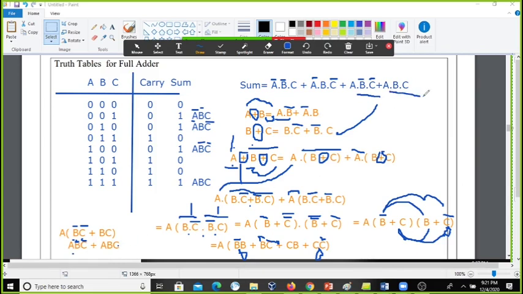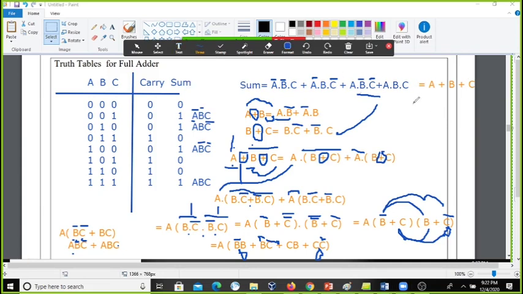Now what I want to prove is this sum. Now this sum is equal to which one? A exclusive-OR B exclusive-OR C. Therefore you must remember this sum is equal to A exclusive-OR B exclusive-OR C.